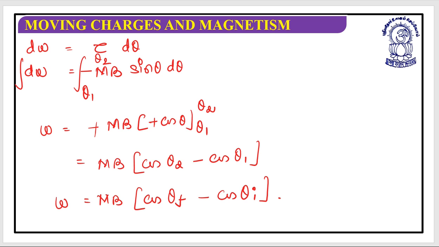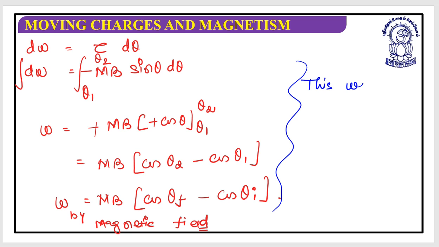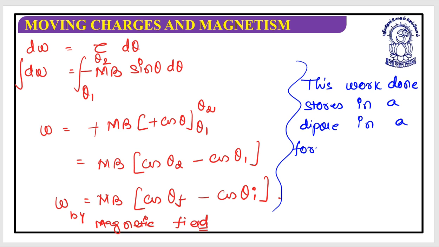This is the work done by the magnetic field. Please do remember this thing. This is the work done by the magnetic field, which could be given as MB into bracket cos theta 2 minus cos theta 1. And one more very important aspect is that this work done is stored in a dipole in the form of potential energy.